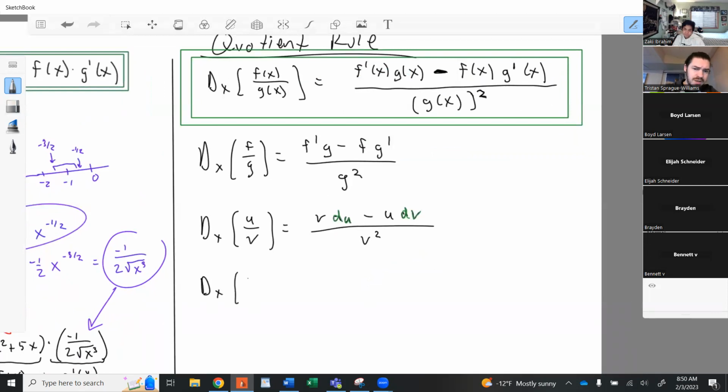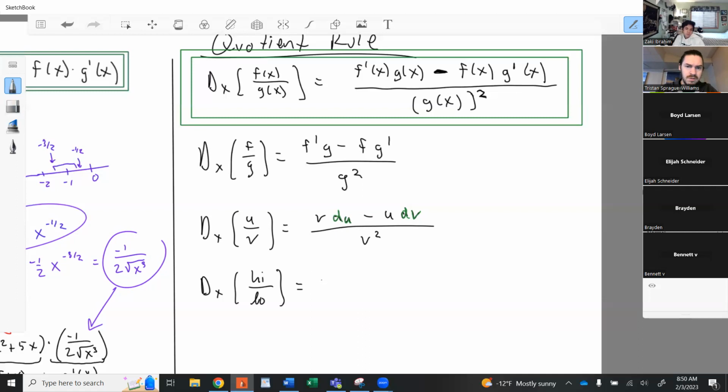Another version of this, which is a nice sort of mnemonic, is high and low. Those are just abbreviations for the words high and low, high being the numerator, low being the denominator.